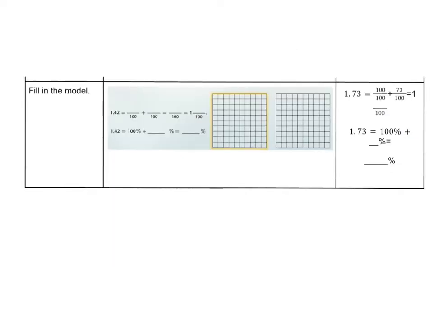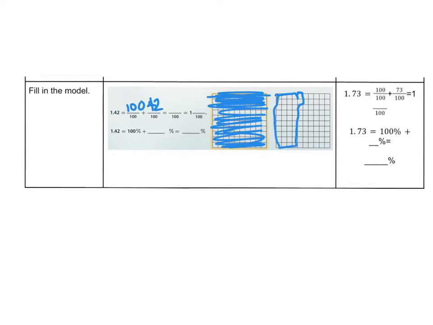Fill in the model, 1 and 42 hundredths. So when we look at 1 and 42 hundredths, that means we have one whole colored in, 100 out of 100, and then we have 42 out of 100. So on my grid, I'm going to color in 42 hundredths to show, here's my one whole, and then my 42 hundredths.